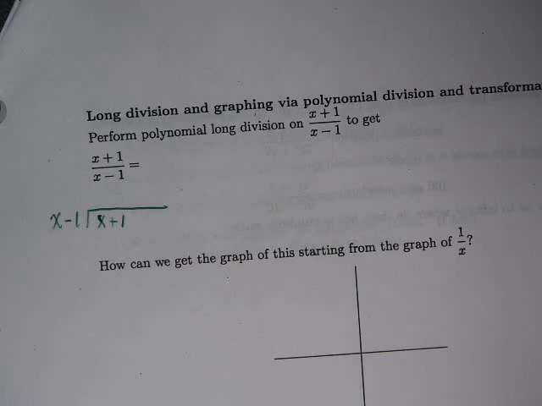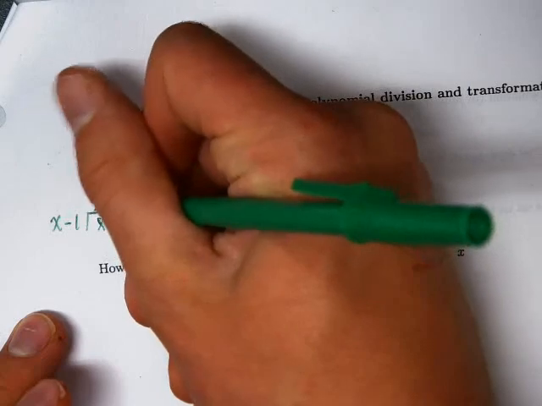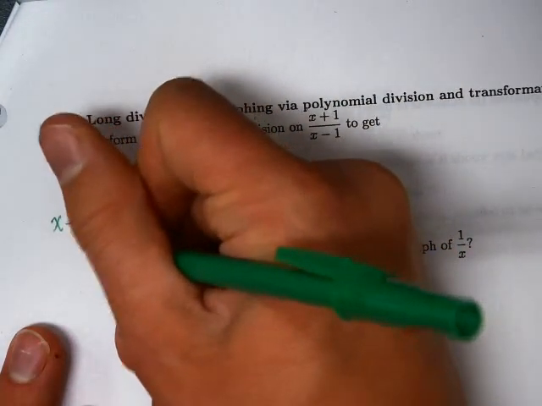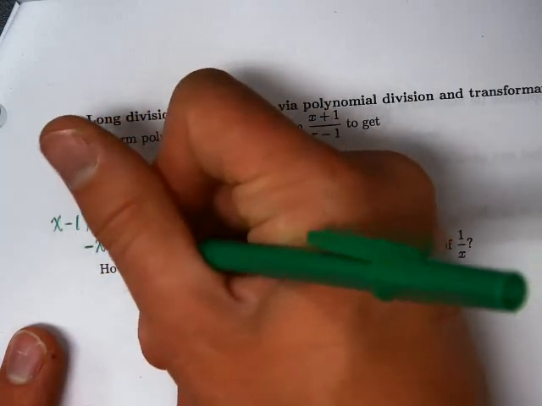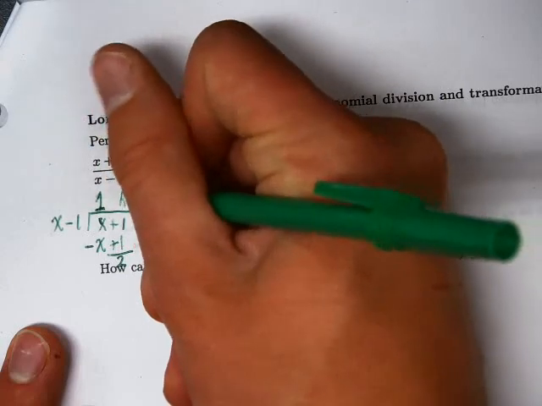So the first term in the result of division should be 1. And now, unlike last time, there will be some remainders. It won't divide in evenly. So I'll subtract x minus 1. That's minus x plus 1, leaving me with a remainder of 2.